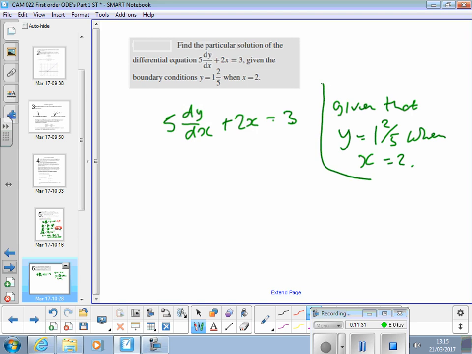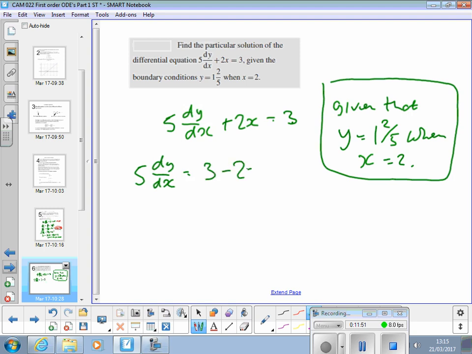So there are boundary conditions to find a particular solution. So what's the first thing I need to do? Minus 2x, so we end up with 5 dy by dx is equal to 3 minus 2x.